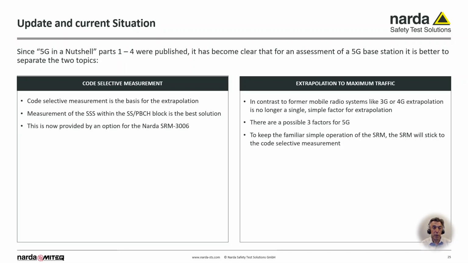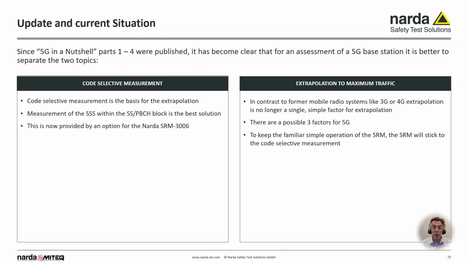In 3G and 4G, the extrapolation was mostly one simple factor. Here in 5G, and especially with beamforming, we have three independent factors, and the factors depend on the location where you are just standing on the road. On one side of the road, you have a different factor than on the other side of the road.